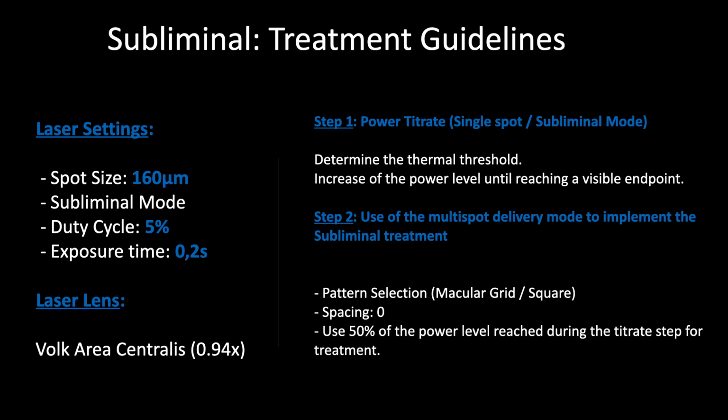So again, with subliminal, we recommend using a spot size of 160 using the subliminal or micropulse mode, a low duty cycle with an exposure time of 0.2 seconds, using a lens that gives you around a magnification of 1.